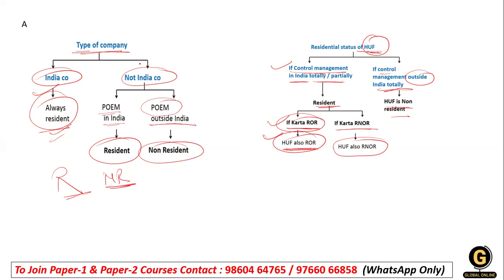But in the case of an HUF, it depends on the karta. If the karta is ROR, the HUF is also ROR. If the karta is NOR, the HUF is also resident, not ordinarily resident.